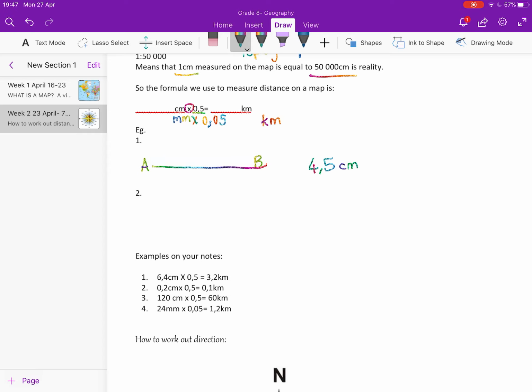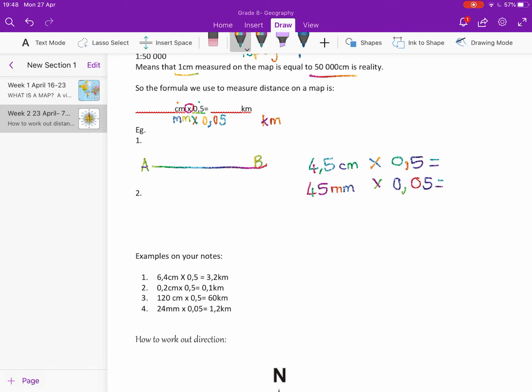When we measure in centimeters, look up here at your formula, we times it by 0,5. And then we're going to get an answer. If you have your calculator with you, you can work out your answer. If you were measuring in millimeters, you would say 45 millimeters, and when you measure in millimeters, you times it by 0,05.